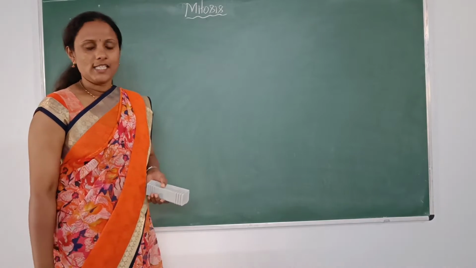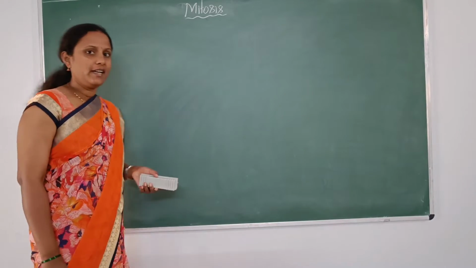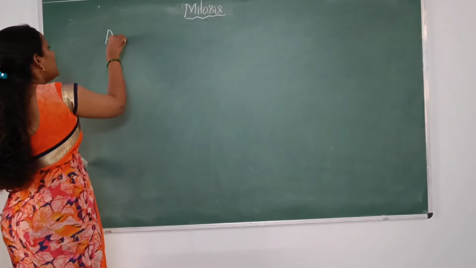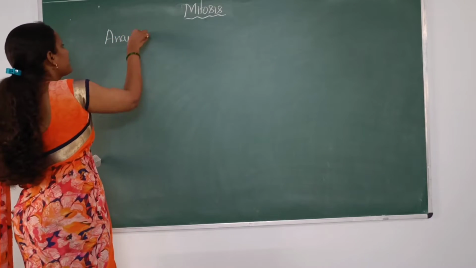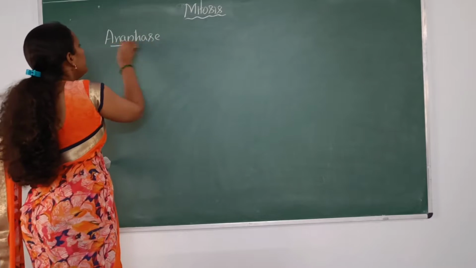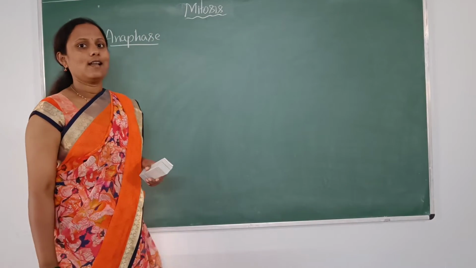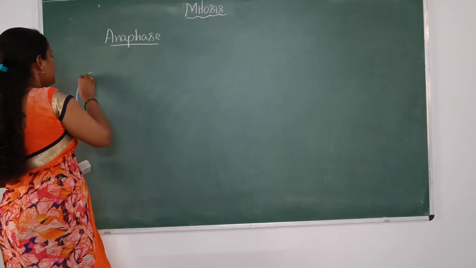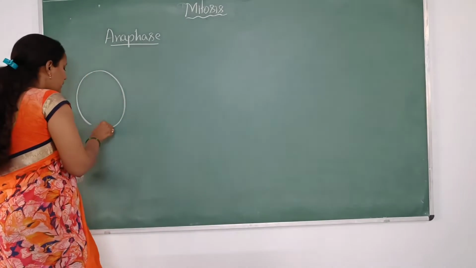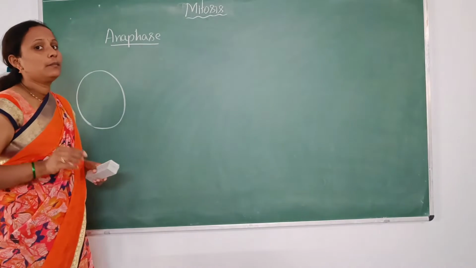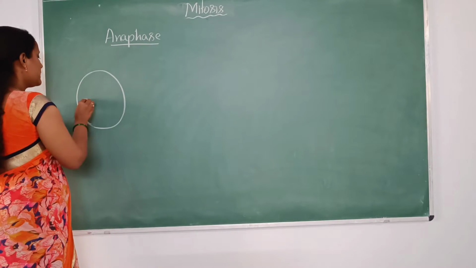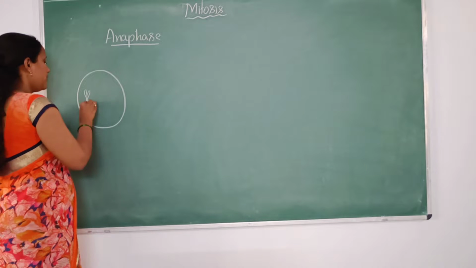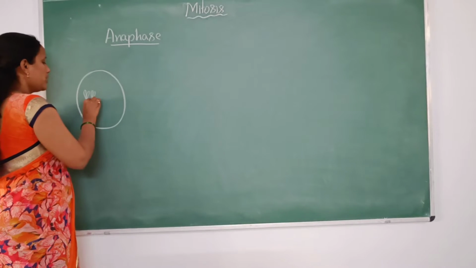The third phase in the mitotic cell division is anaphase. We studied in the last class that at the metaphase, I am writing here right now the cell which is present in the metaphase, where there is a metaphase plate formation.